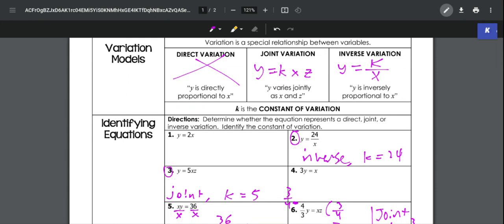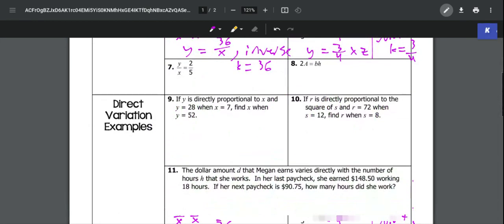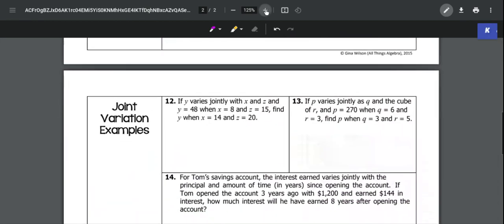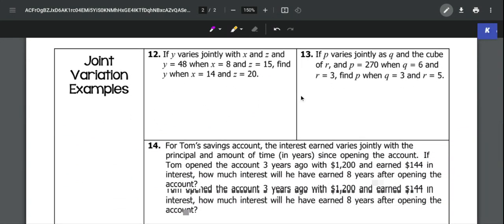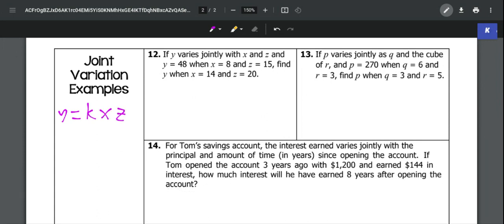But I'm going to show you a shortcut, because what you're essentially saying is, if we go to our general formula, we've got y is equal to kxz. So if we need to find k, we can set two equations up equal to k, and we can set them equal to each other.